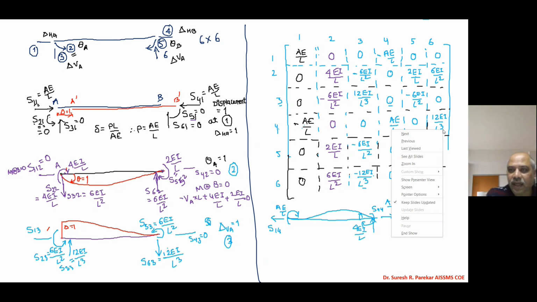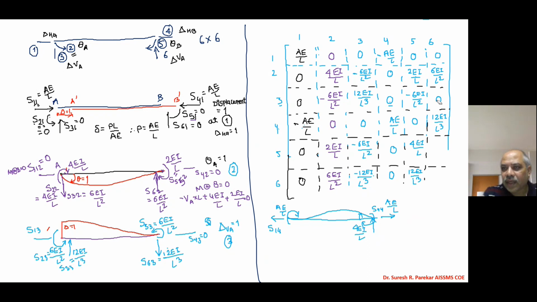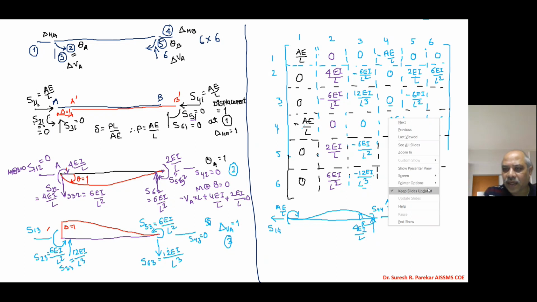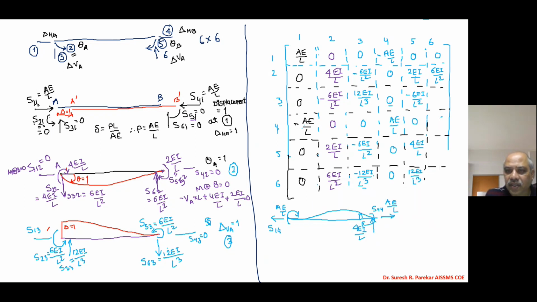Sorry, here we have a correction; here we made a mistake. So you can see this. What is the S63 value? We have S63 as minus 12 EI upon L cube. So S36 is minus 12 EI upon L cube.